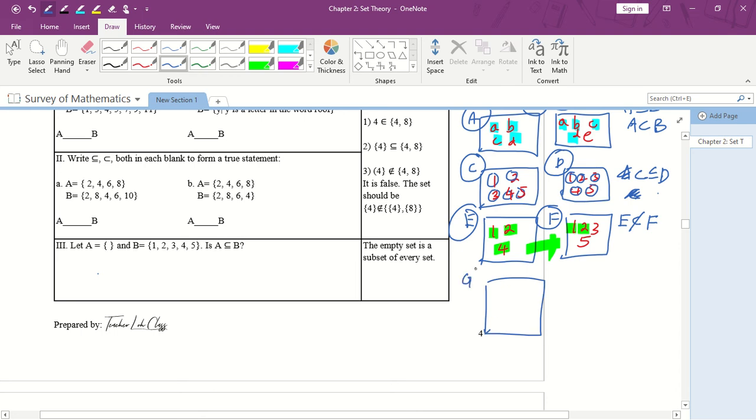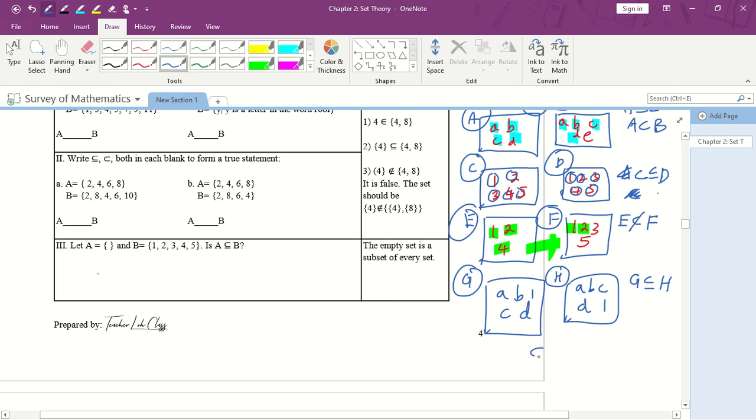I have a box G and a box H. Now I say this: this box has A, B, C, D, and this box has A, B, C, D. Since both of these boxes have the same elements, you can say that G is a subset of H because all elements from G are also in H. However, you cannot say that G is a proper subset of H because it has exactly the same amount.